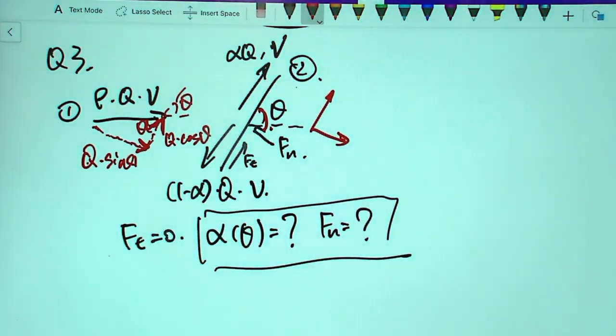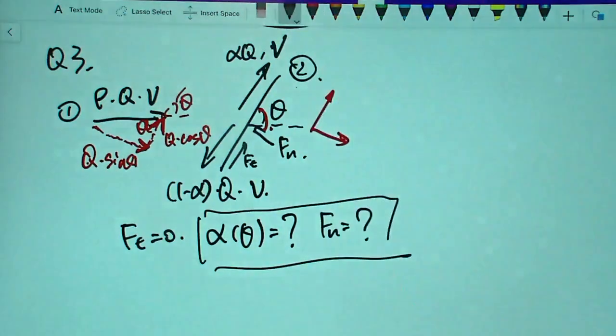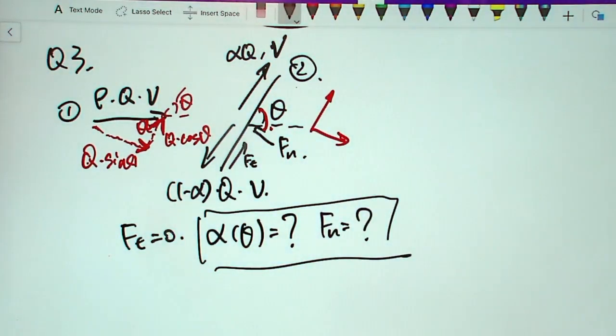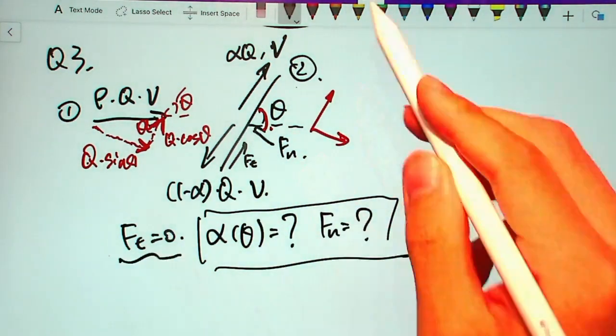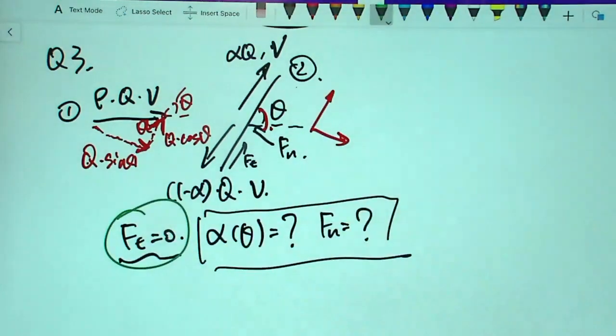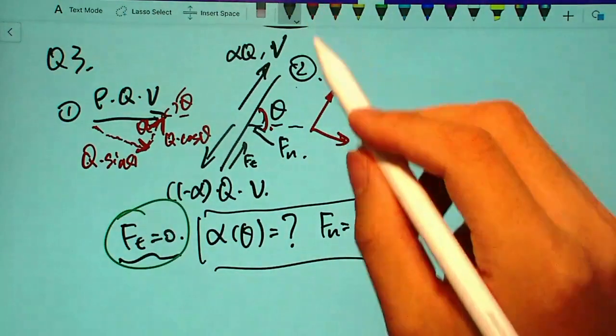Right. So then we can have the equilibrium. In the first, it says the tangential force is 0. So it's quite direct.